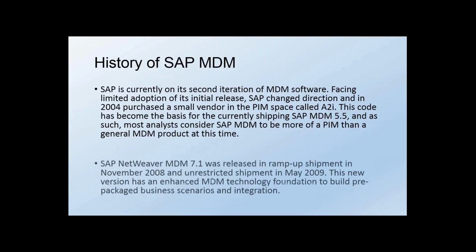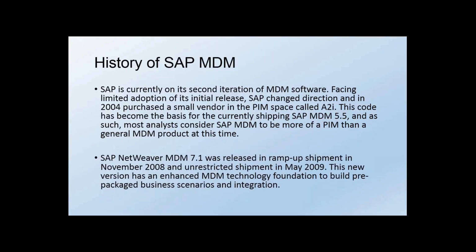The latest version for MDM is SAP NetWeaver MDM 7.1, which was released in November 2008 and patched in May 2009 with updates. That is the newest option available in the market for MDM.